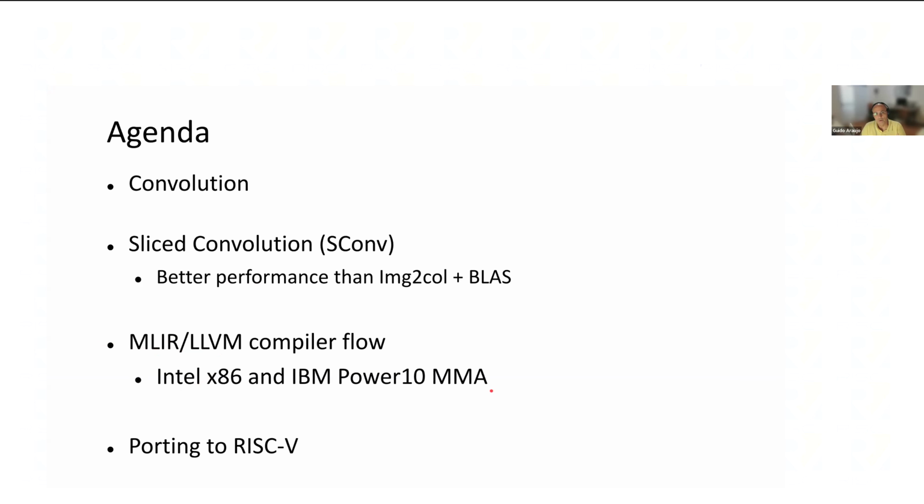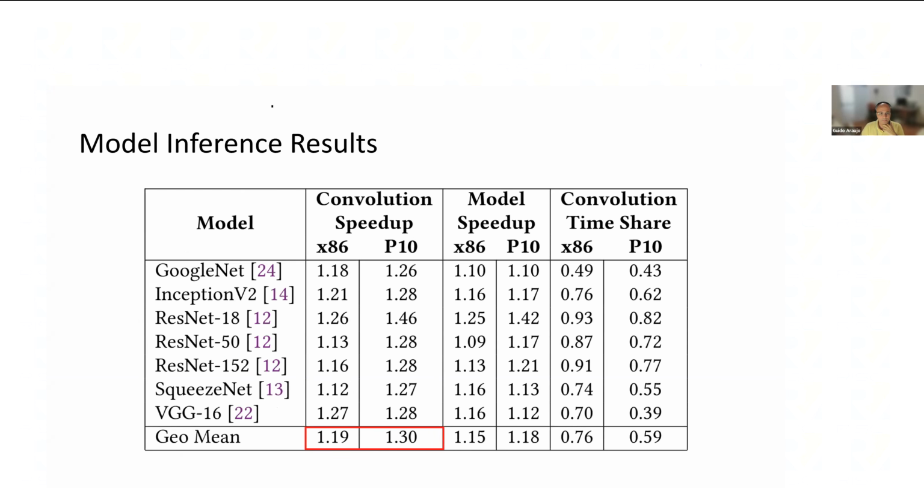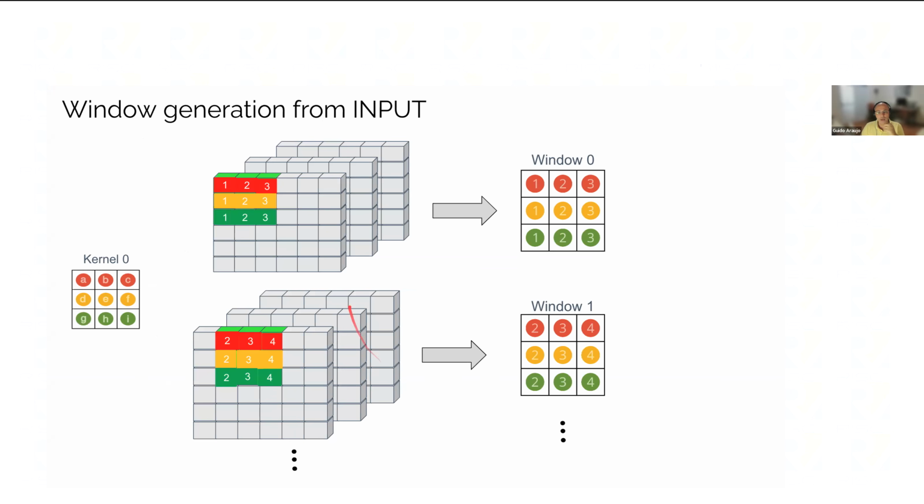We did that with the regular BLAS, and then we compare with the SConv algorithm running on the MLIR LLVM compiler flow. And at the end, I'm going to talk about how we intend to port this to the RISC-V architecture.